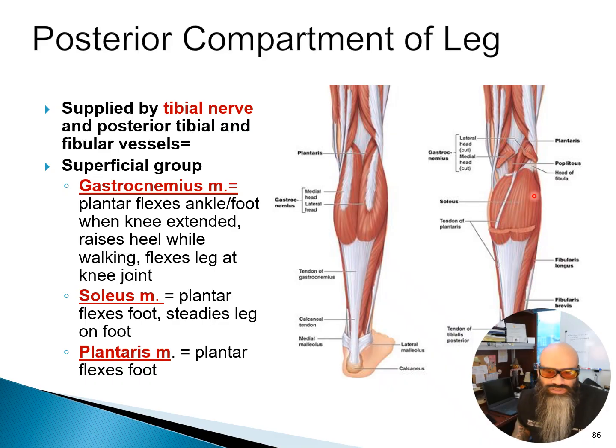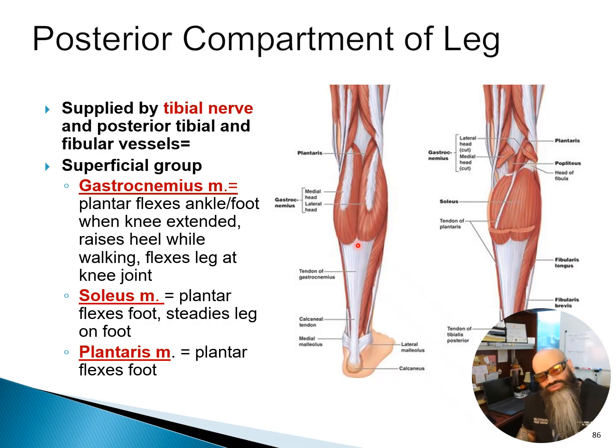Soleus is a more robust muscle filled with mostly slow twitch fibers. Here, gastrocnemius is dissected. This is your Achilles tendon, or tendon of gastrocnemius in anatomical language. It's called your calcaneal tendon as well.